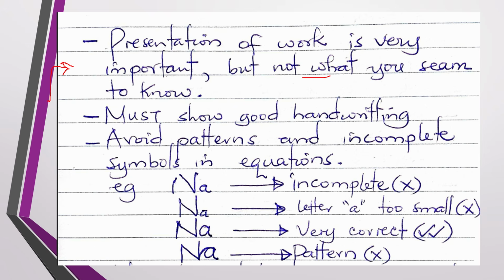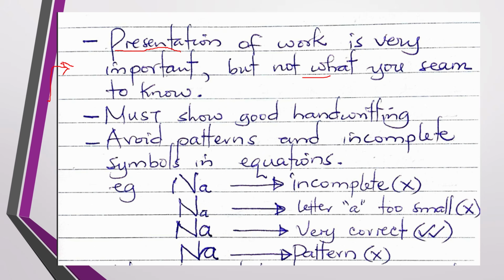If they tell you to state, make sure you just state what is required. Do not add any unnecessary information. If we tell you to explain, you explain. If we tell you to describe, you describe. You give a point together with the reason. So presentation of work is very important, especially when it comes to paper 1.